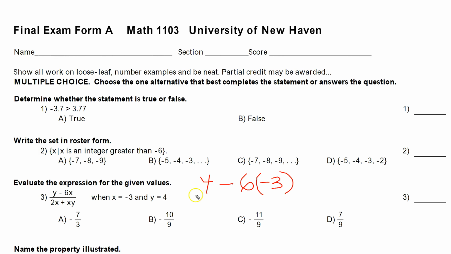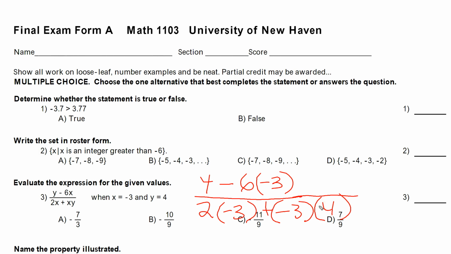So put that in parentheses. And then 2x, 2 times -3. And then plus x is a -3, and y we said was 4.